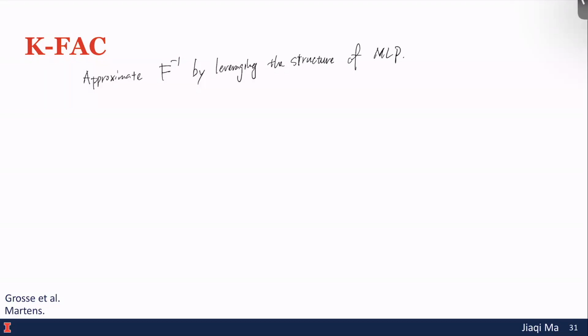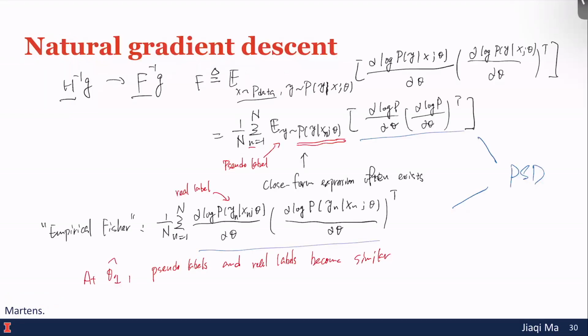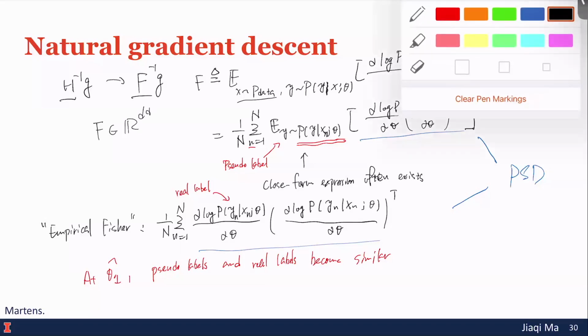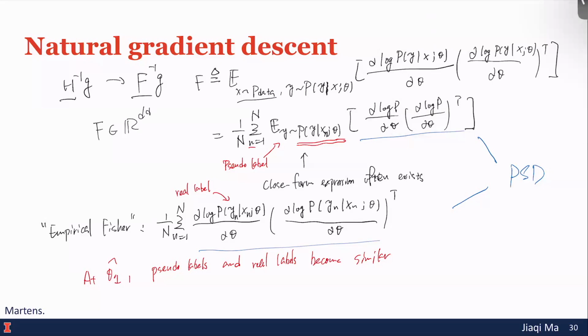The reason we still need to approximate this F inverse is that just substituting H inverse with F inverse doesn't automatically solve the problem, because F is still a D by D matrix, and it's still calculated over all the n data points. So this doesn't automatically solve the problem, but it allows us to do some other approximations.